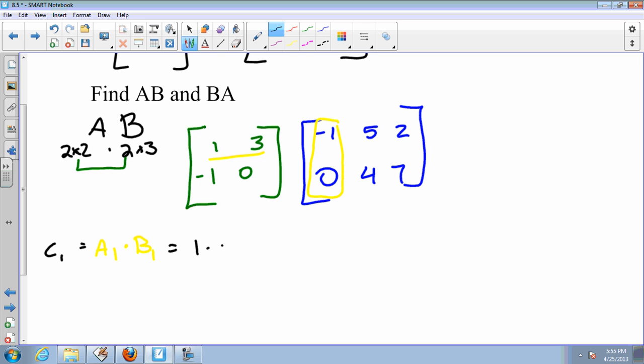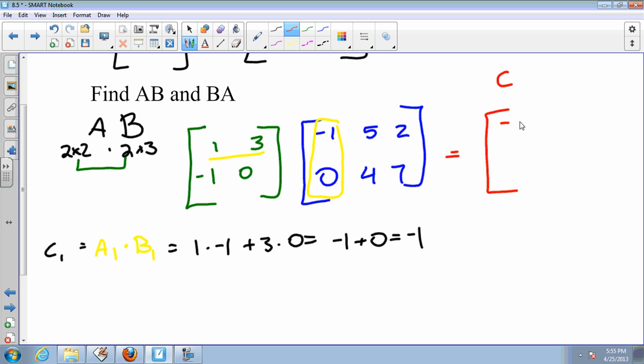So we get 1 times negative 1 plus 3 times 0, which goes to negative 1 plus 0, which is negative 1. So our output matrix, matrix C, has an upper left spot of negative 1.